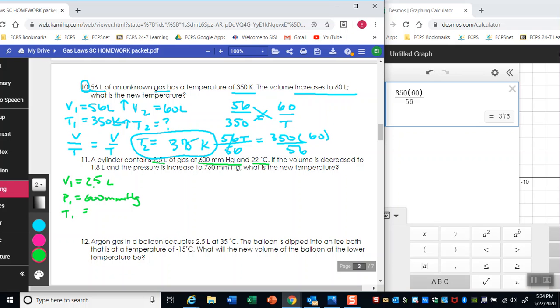I'll do that up here where I have space.